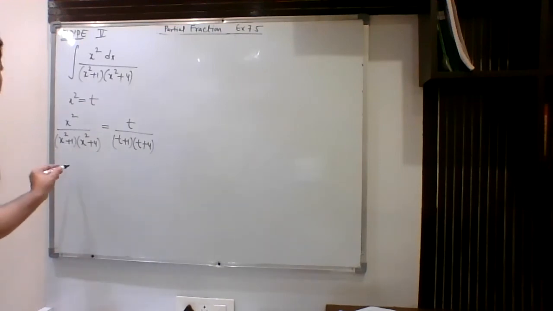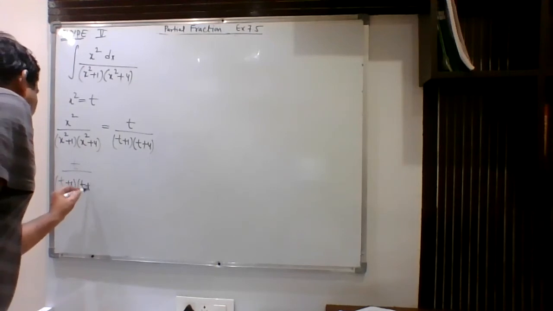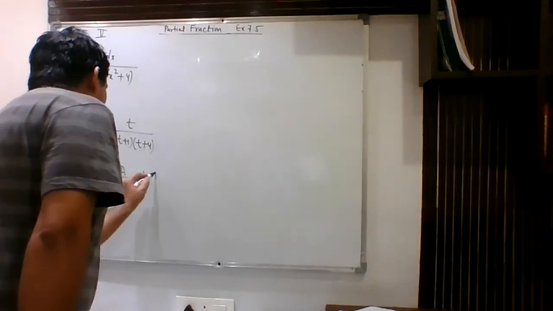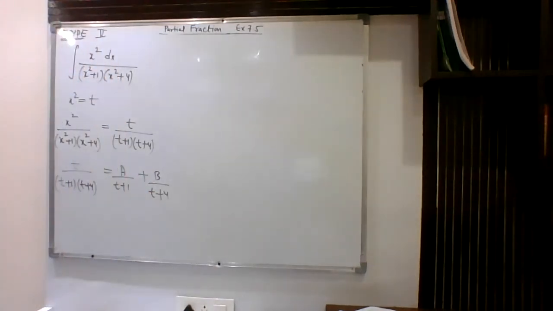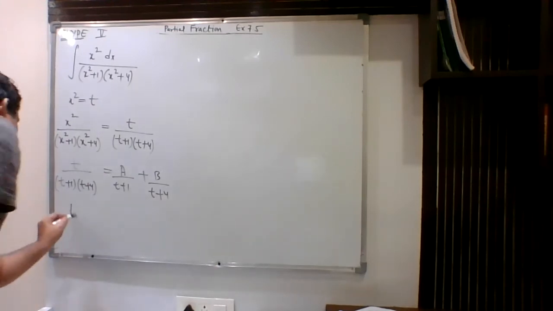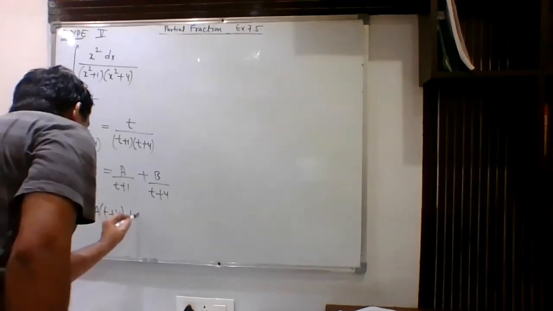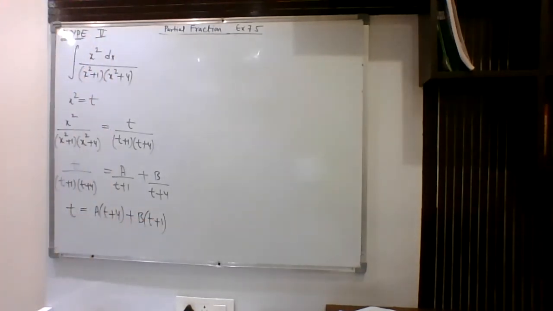So I can write t upon t plus 1 into t plus 4 as A upon t plus 1 plus B upon t plus 4. Now just take LCM and solve it further. This is what we'll get.